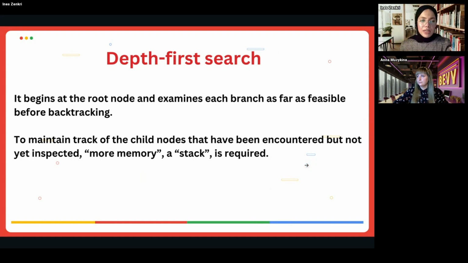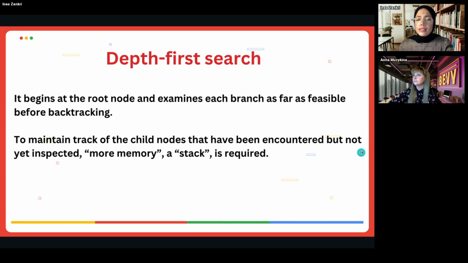It begins at the root node and checks each branch and goes further in it as far as possible before backtracking. And to keep track of the child nodes that have been encountered but not visited yet, we use, as usual, extra memory. This time it's a stack. We also saw this data structure in the first week, and the stack works with the LIFO logic, which is last in, first out.